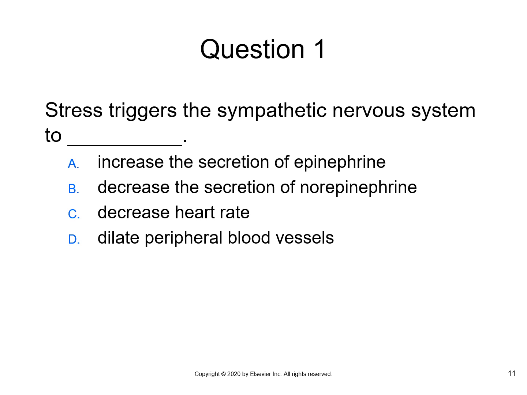Rationale. Stress triggers the sympathetic nervous system to increase the secretion of epinephrine and norepinephrine. These neurotransmitters increase heart rate and constrict peripheral blood vessels, causing the blood pressure to rise. This reaction to stress is called the fight or flight response.